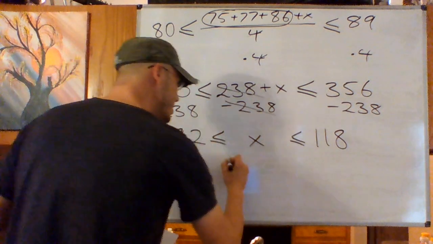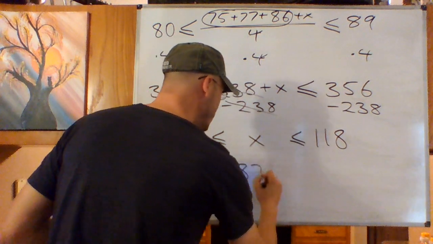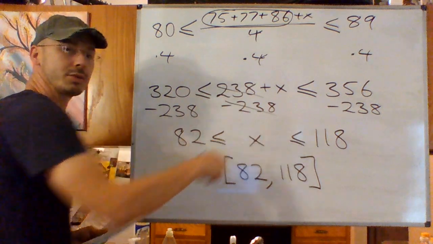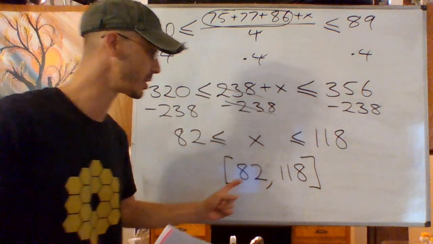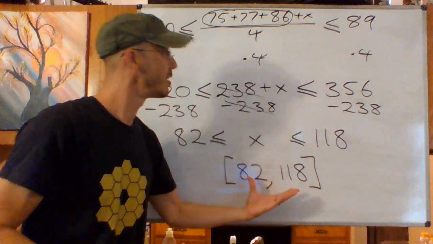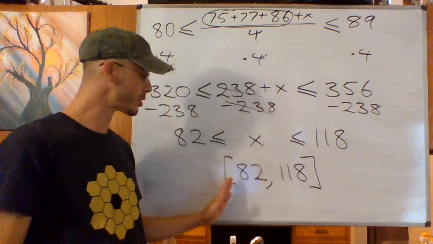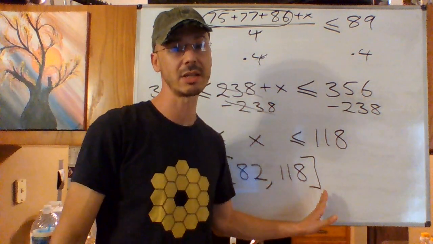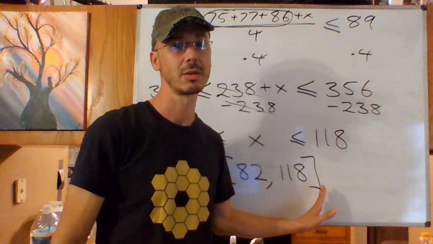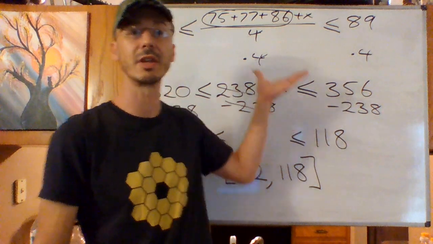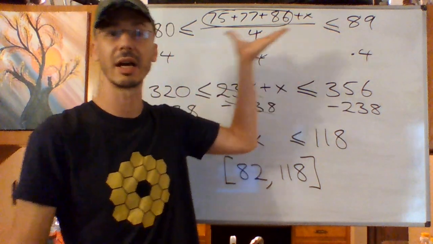And then this I can translate into interval notation. Because they're both less than or equal to, I'm going to use both brackets on the left and right. But if Mark gets a score anywhere in the range between 82 and 118, then that'll keep his average high enough that he'll be in the range between 80 and 89, he'll get a B.